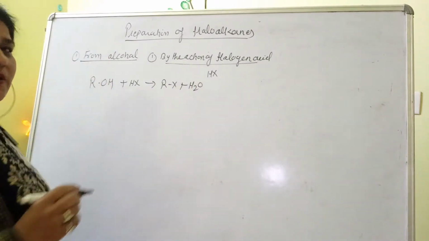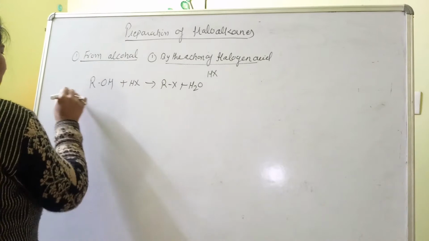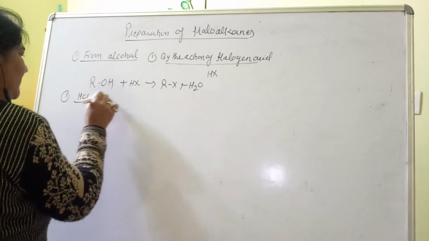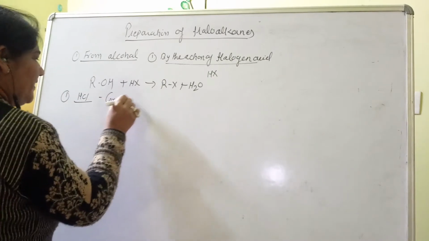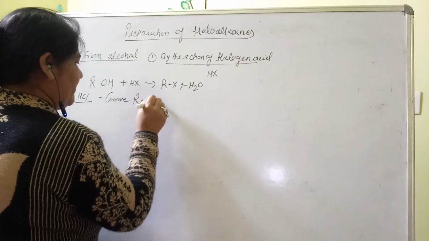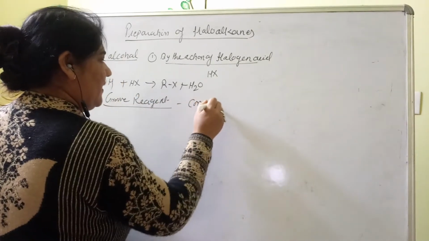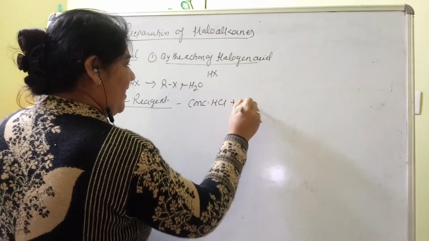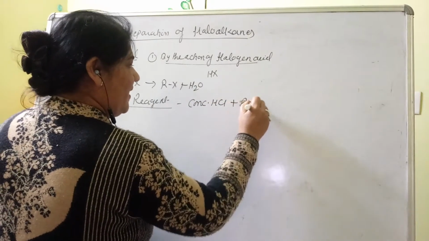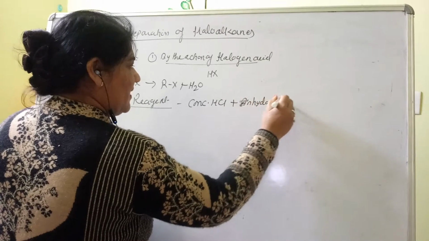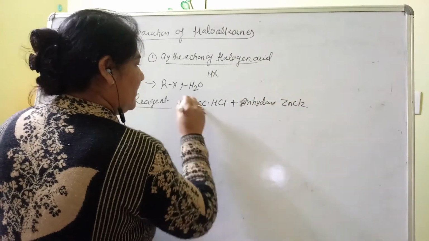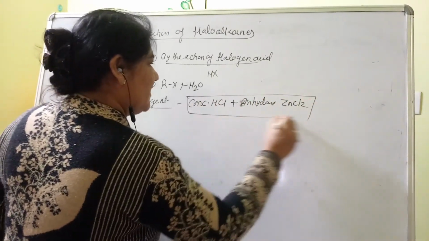First, by the action of halogen acid, this is the Groove reagent. What is Groove reagent? Concentrated HCl plus anhydrous zinc chloride. The mixture is called Groove reagent.